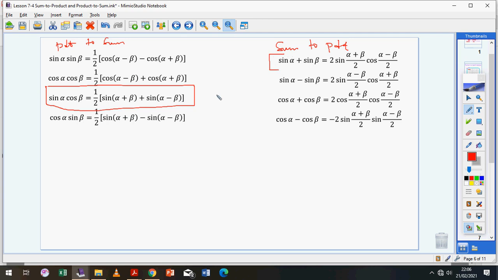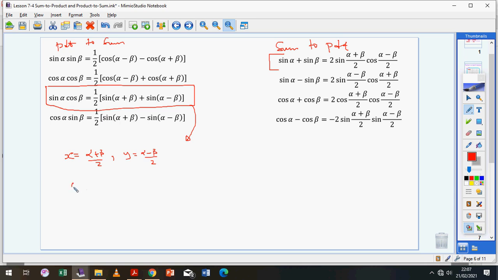So in this formula over here, if I try to put in an interesting substitution, let me say that x, just because, like I said, mathematicians are experimentalists, if x is alpha plus beta divided by 2, right? And if y is alpha minus beta divided by 2, then what happens when I have x plus y?